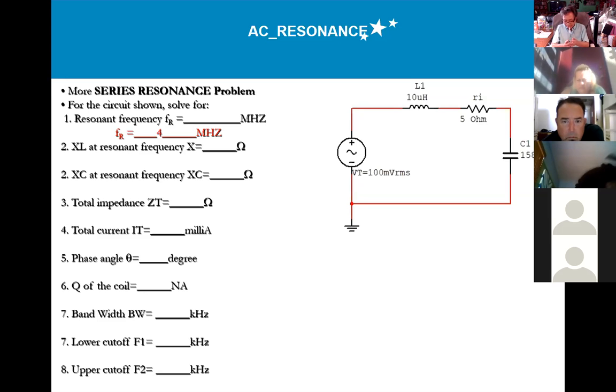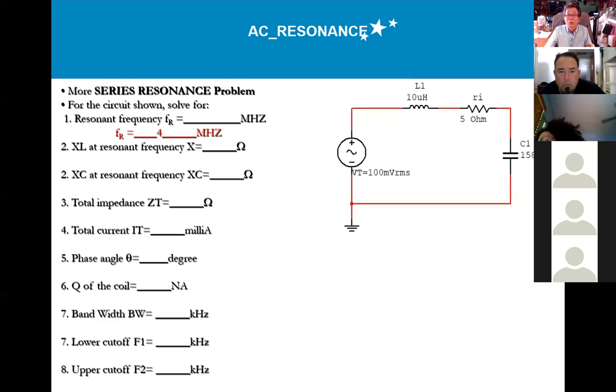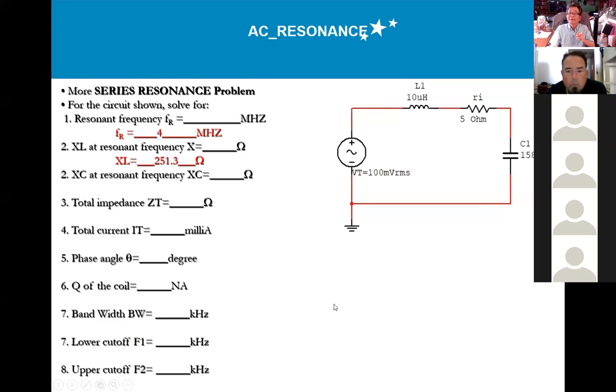Number 2, who got the answer? 251.3. Number 2, what do you get? 251 ohms. Right, 251 ohm. And you understand XC will be the same, right? They are equal.